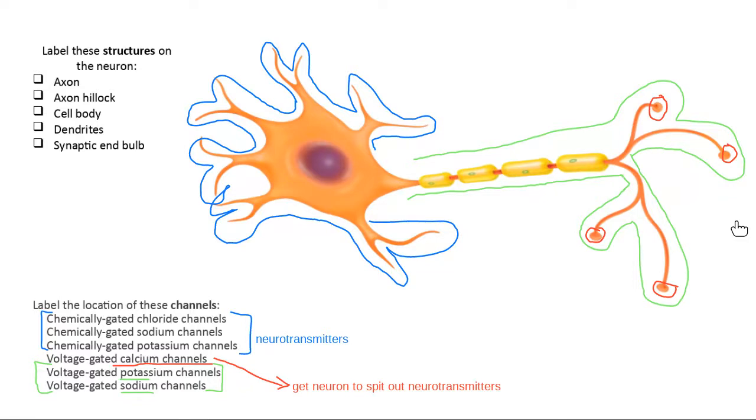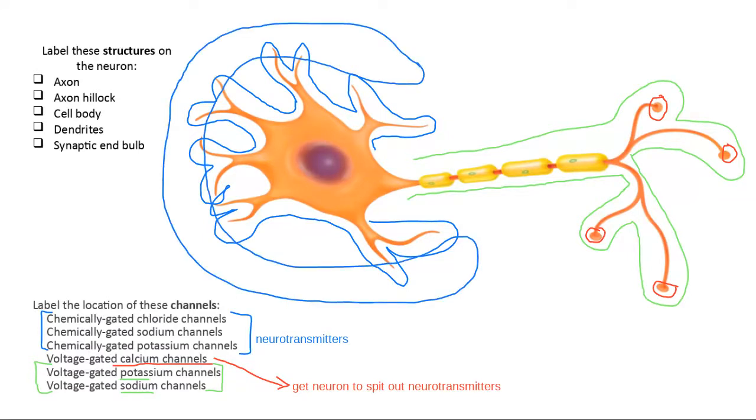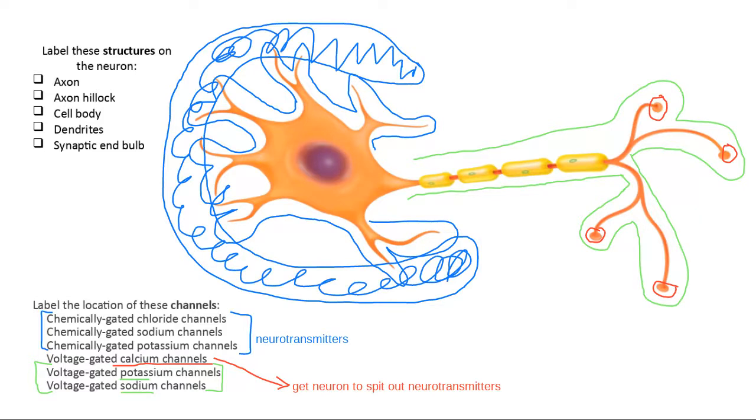Oh yeah, I like that. That's a great way. We had done that before, and I didn't even think of that. She likes to remember the chemically gated channels on the dendrites as a C around the cell body. I love that. Here I'm trying to color in a C really fast, and it's looking awful.